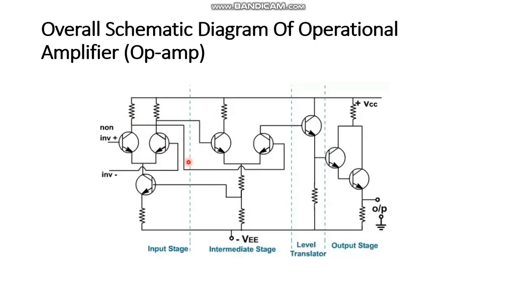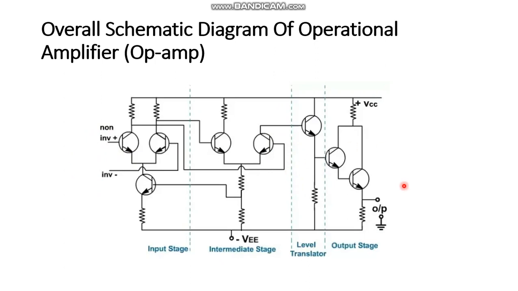So this DC is transmitted to the next stage, and it will affect the operating point of this stage. At the output we get an amplified form of the input signal, but with some shift in DC level.